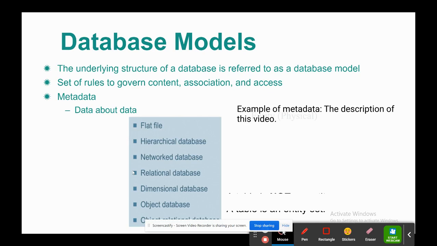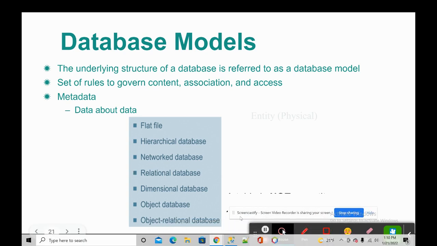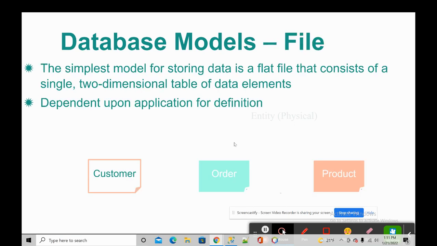Sometimes you may hear the word metadata. Metadata just means data about data. When you have information about your data, or you collect data about data. So some of the different database models: a flat file is one type, a hierarchical database, a network database, relational database, dimensional database, an object database, and an object relational database.